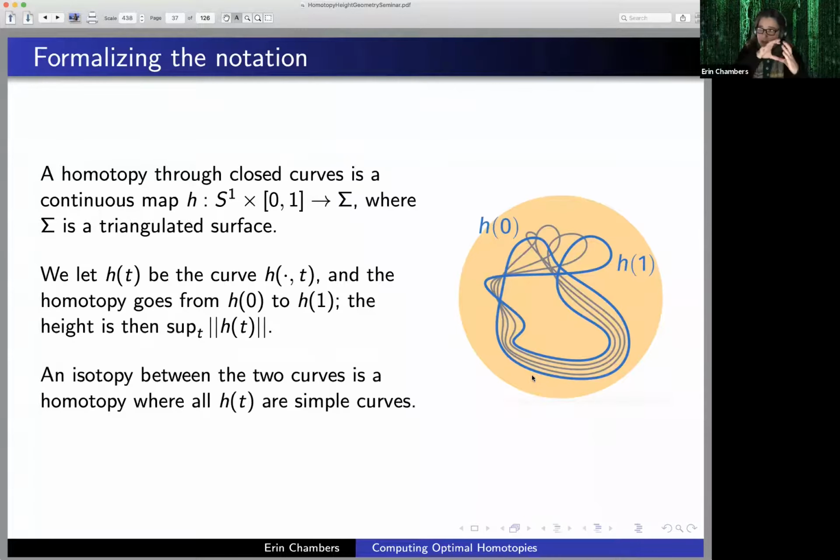We start with a cycle and we slide it around. h of t gets bigger, gets smaller, self-intersects, whatever, and it ends at the goal end curve here. And for the height, I'll just use the norm, in the underlying surface that you're taking it to. Every surface we're looking at today is really just going to be a disk, a plane. I don't want to get to surfaces.